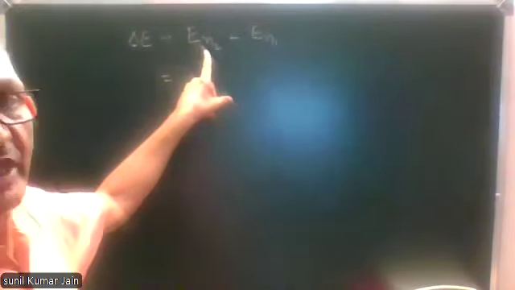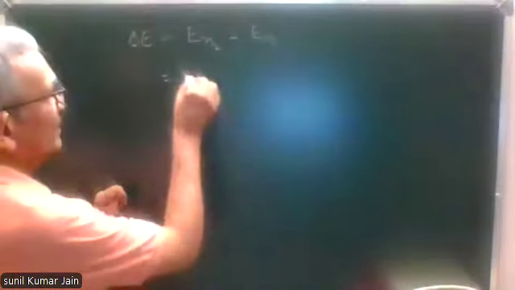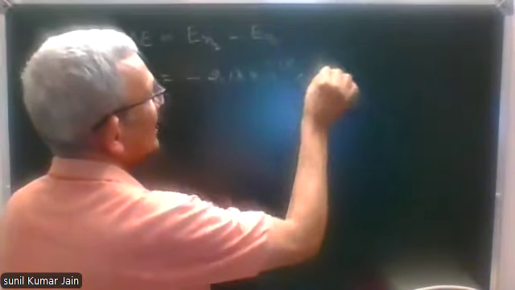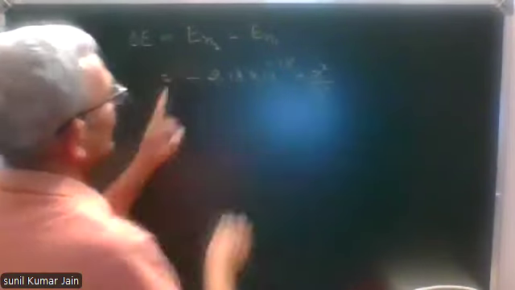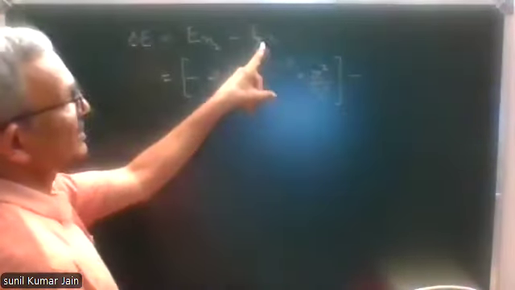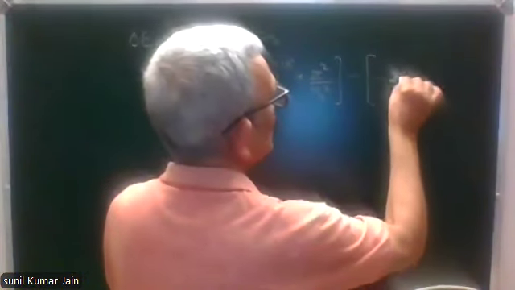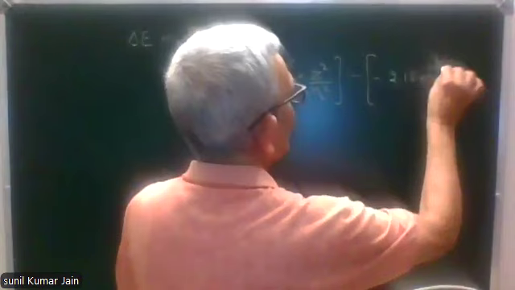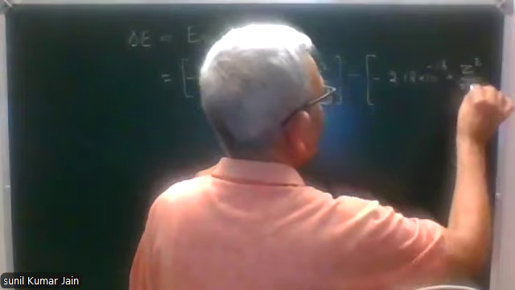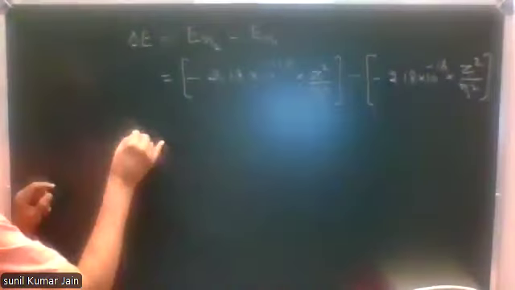Now, for the energy of the electron in shells N2 and N1, we'll use Bohr's formula: minus 2.18 into 10 to the power minus 18 into Z square divided by N2 square, minus, for this one, minus 2.18 into 10 to the power minus 18 into Z square divided by N1 square.